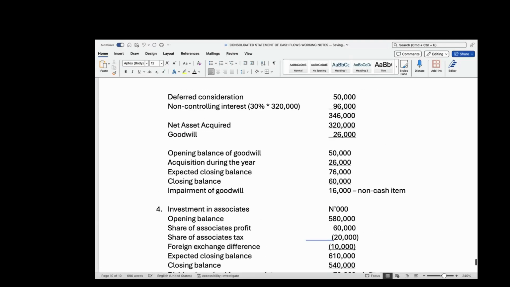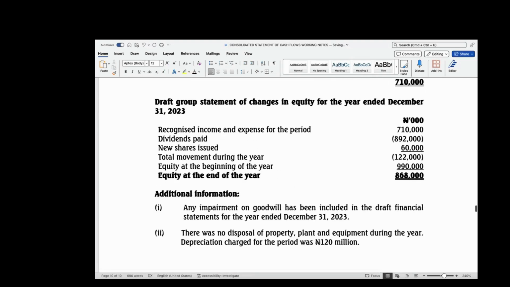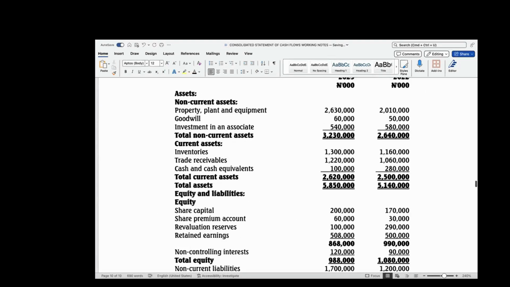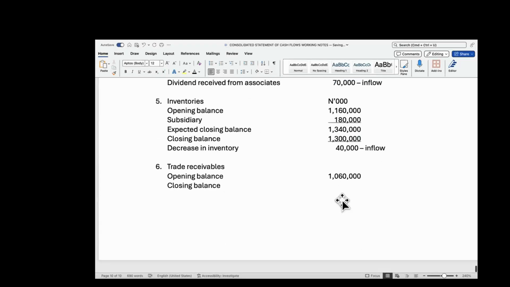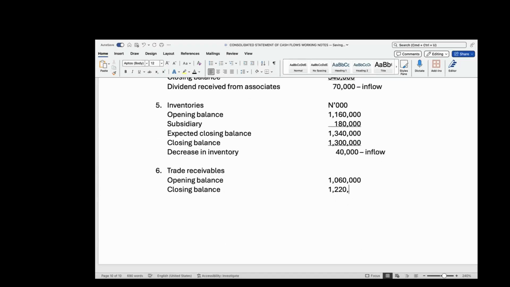There was no subsidiary with... and closing is 1,220. Closing is 1,220. There is an increase in trade receivables. What's the movement? $160,000, sir.